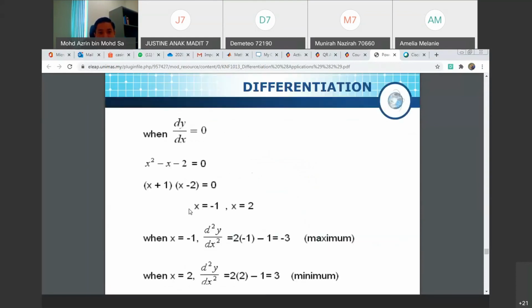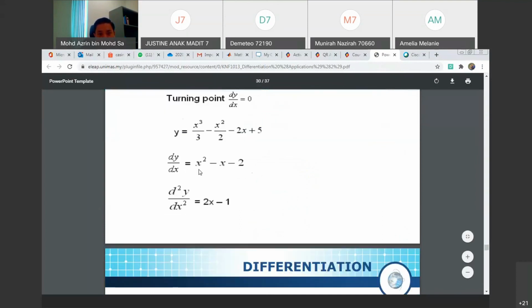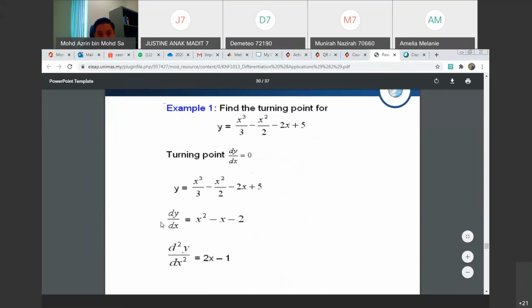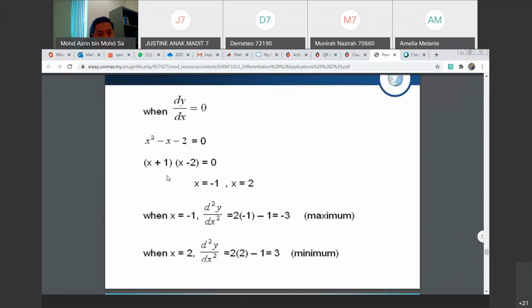After that, when dy dx equal to 0, you masukkan dalam first derivative here, you will get value of x plus 1. You simplify this equation, pecah, you find the nilai x, you will get x equal to -1, x equal to 2.